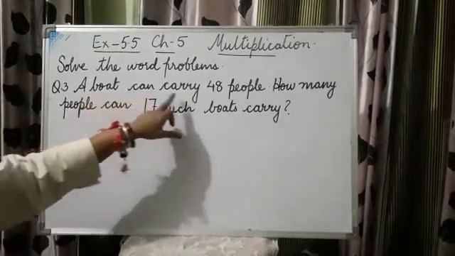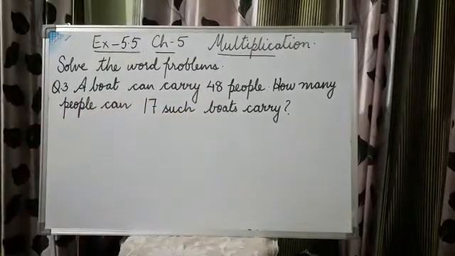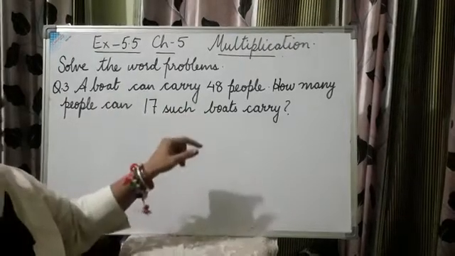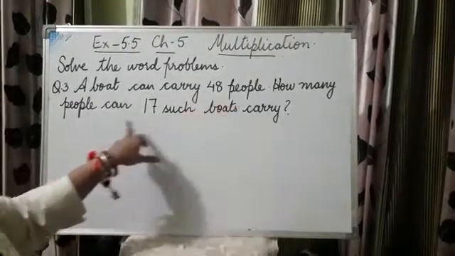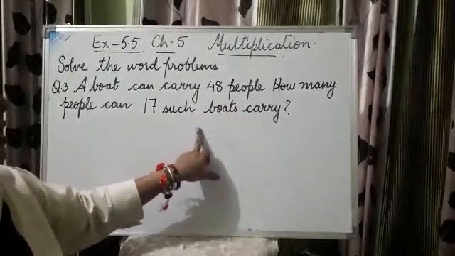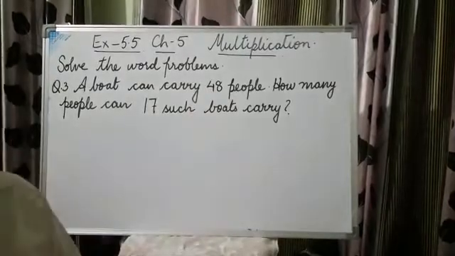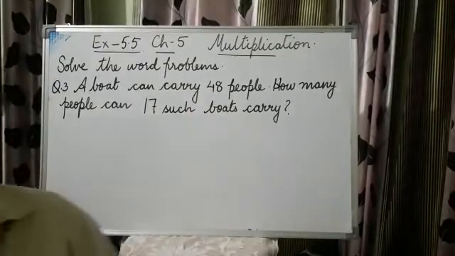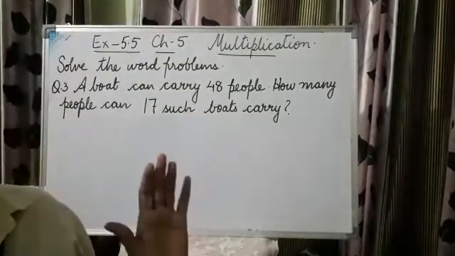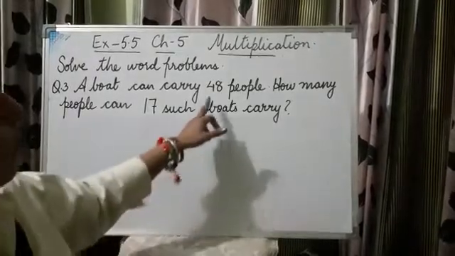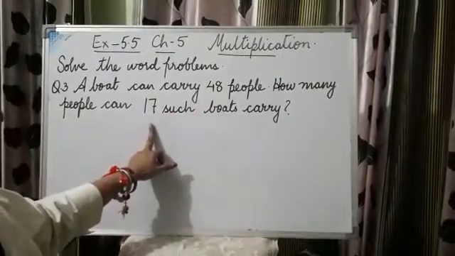A boat can carry 48 people, which means in one boat 48 people can be seated. But if there are 17 such boats, how many people will be seated? They are asking here. Here we need to multiply 48 with 17.